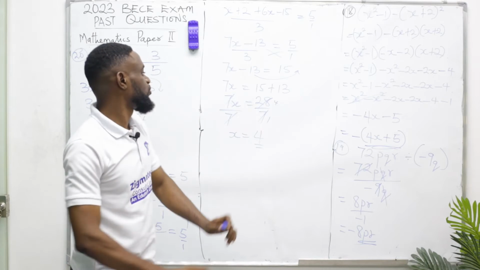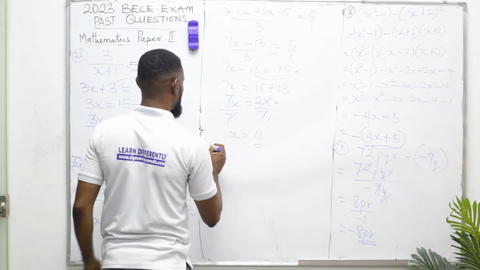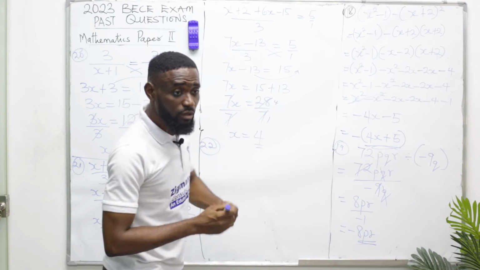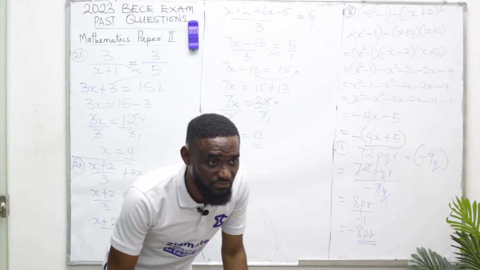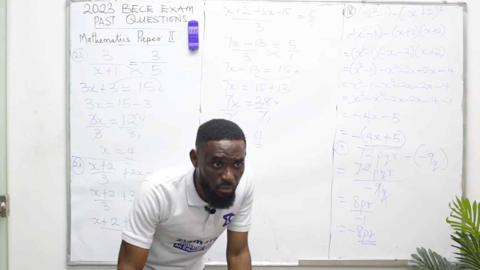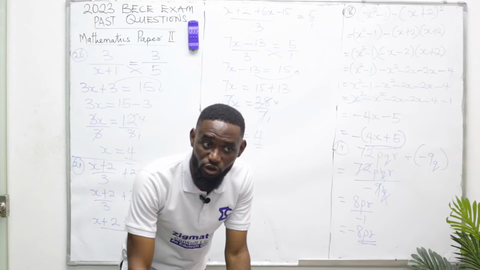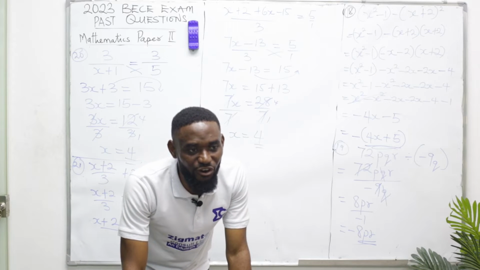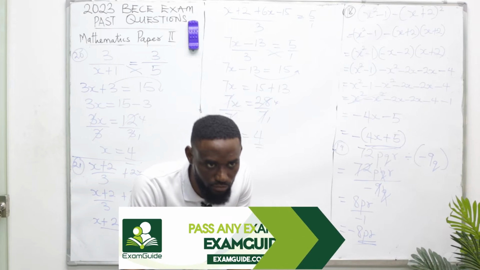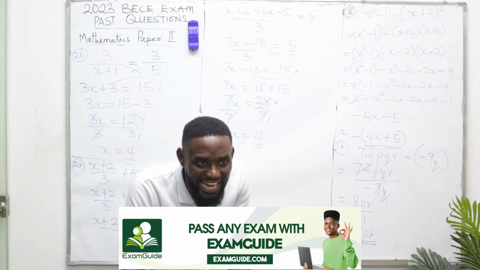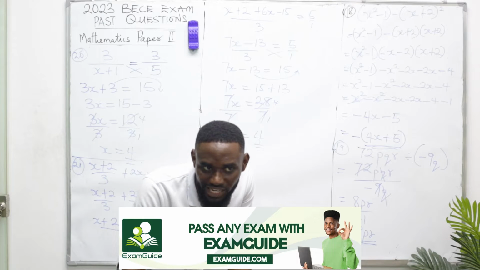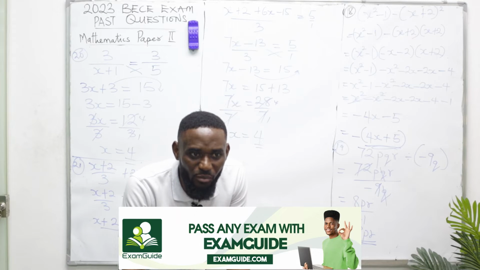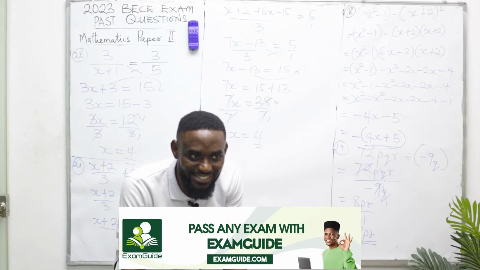Now let's put that in mathematical form. 22. Ade's age is 56 years more than his son's age. Now, if the son's age is W, find the value of W, that is the son's age, when the sum of their ages is 76.